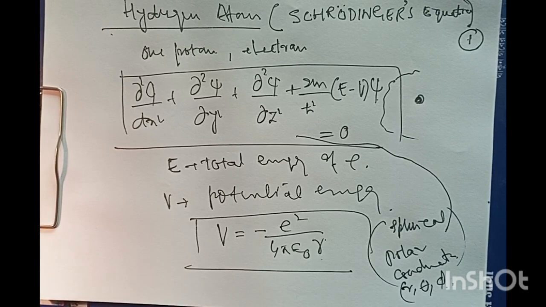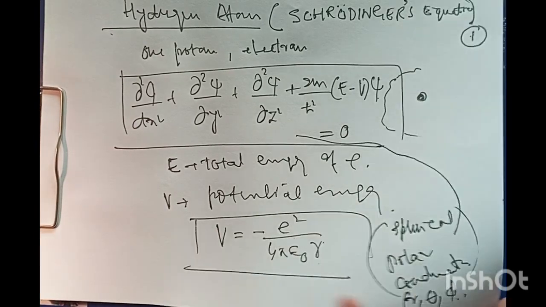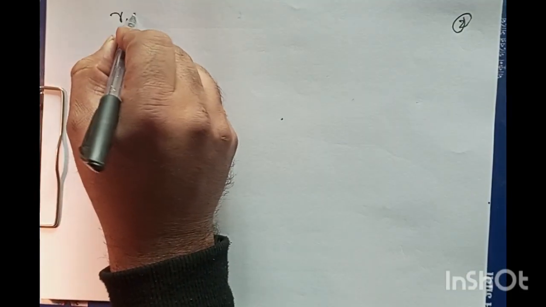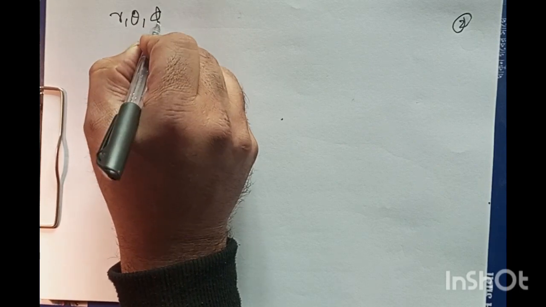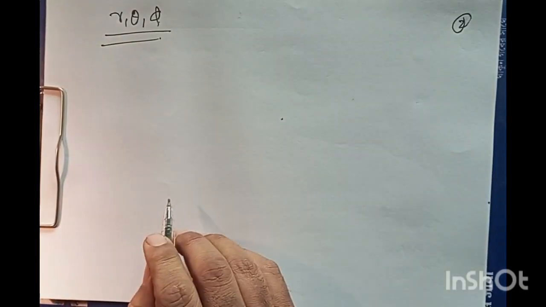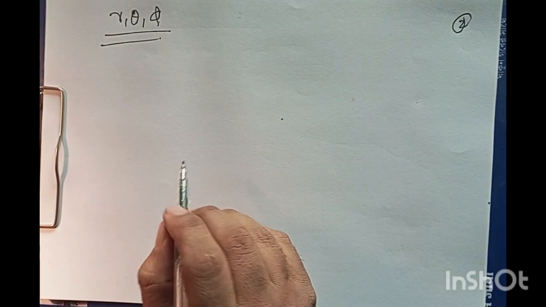The spherical polar coordinates are r, the radius, theta, and phi. These are the three quantities. Now r refers to the length of the vector.